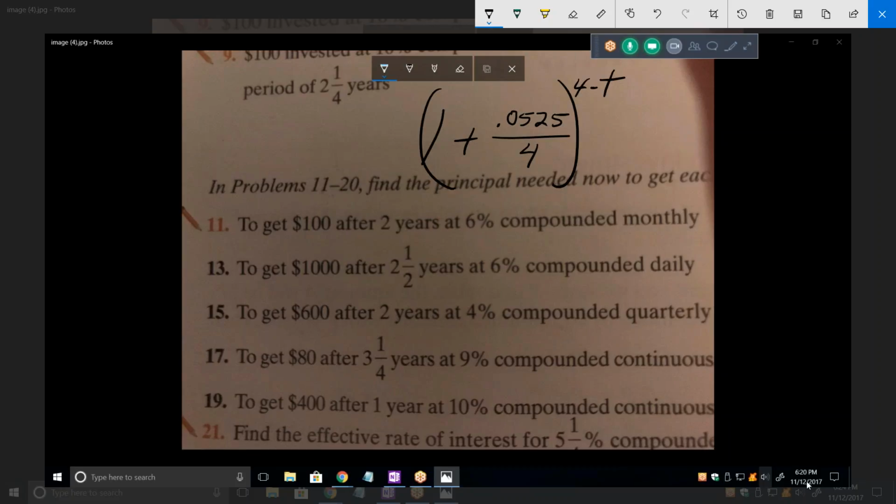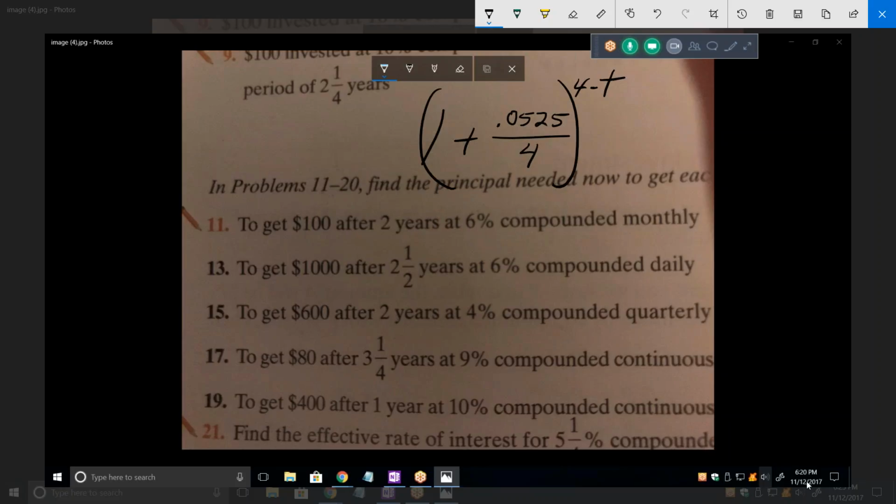Okay, so I suppose the way we can do this problem, wow, what do they mean by the effective rate of interest? Must be something a little higher than 0.0525.